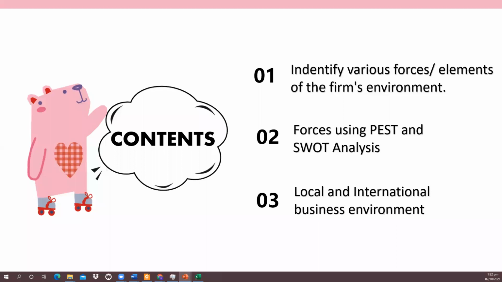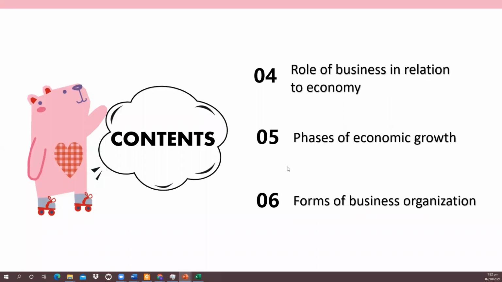And then local and international business environment, role of business in relation to economy, phases of economic growth, and the forms of business organization together with the types of business according to its activity.